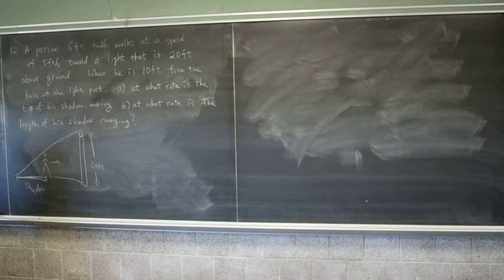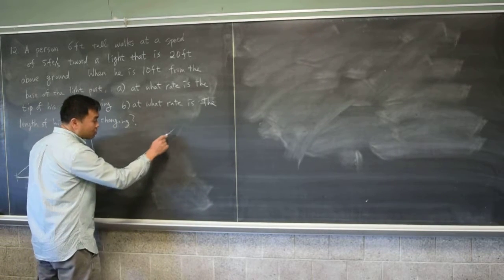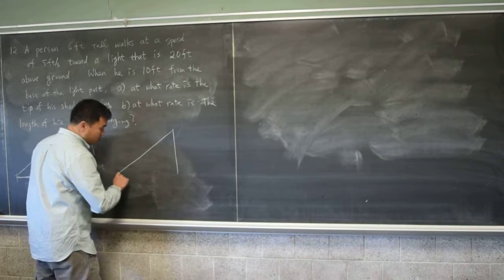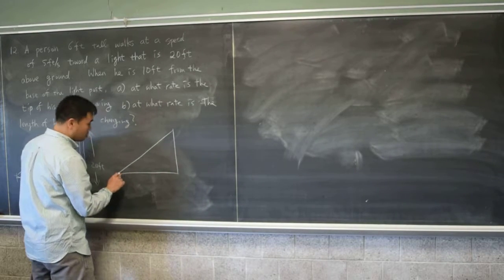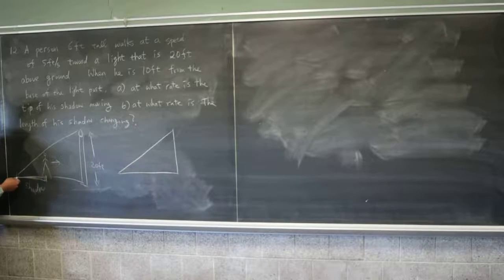So here, it's a word problem, so you have to come up with your own variables. And to come up with a variable, you need to have a simplified geometric picture. If you don't, then it's really hard to figure out what's going on. So I'll just draw this right triangle from here, and there's the man and the shadow.